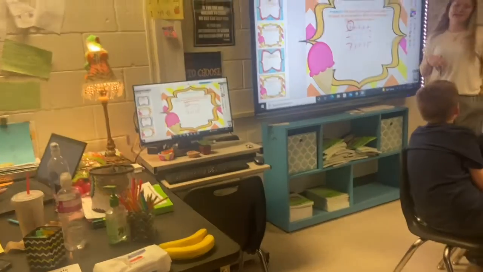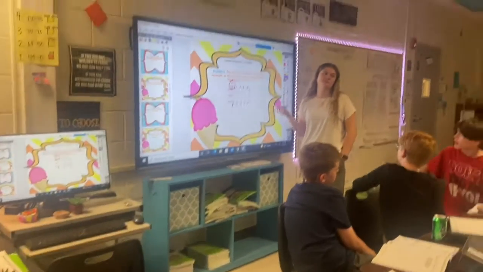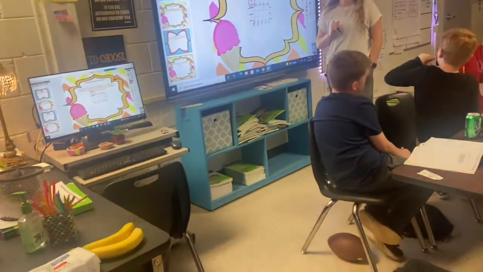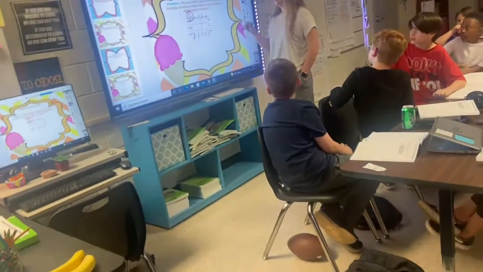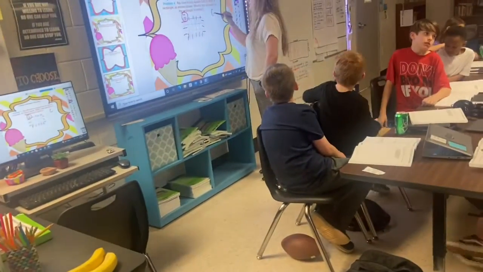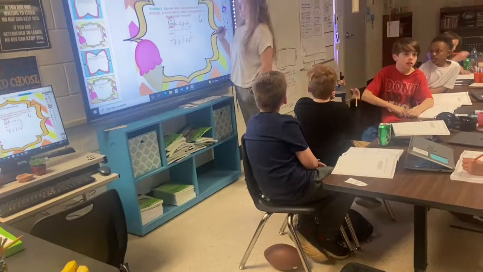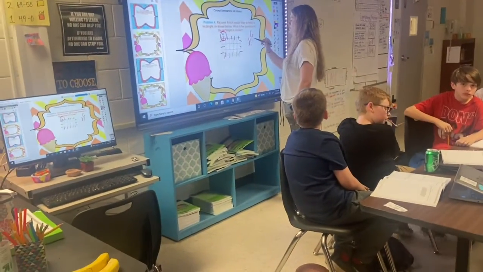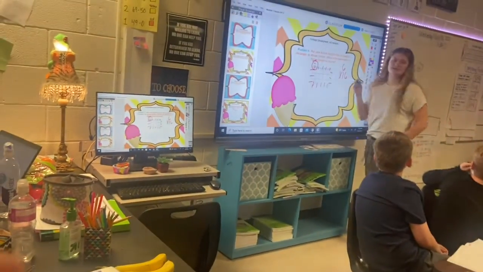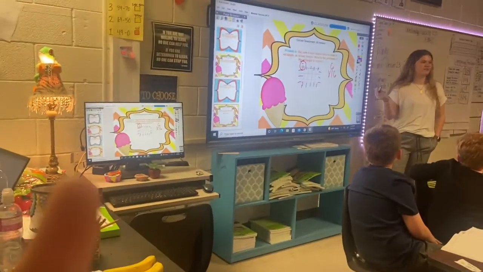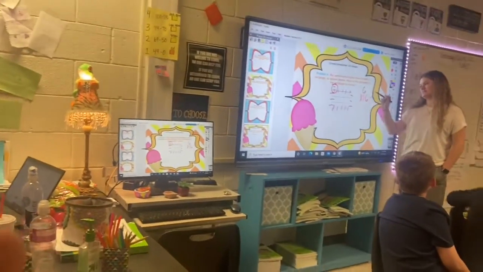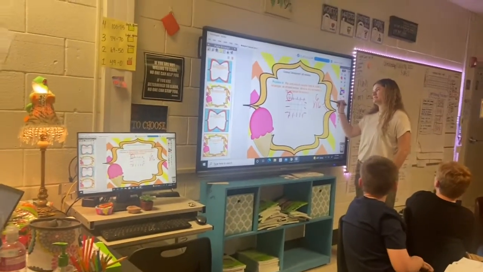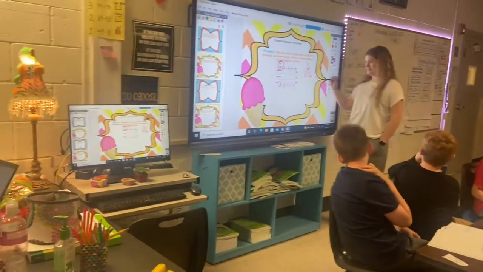So do we want to add 16 times or do we want to multiply by 16? Multiply is probably easier, right? Remember, we only multiply if it's the same number. Otherwise, we add. So since 16 is not a friendly fact for us, let's break 16 down into 6 and 10.